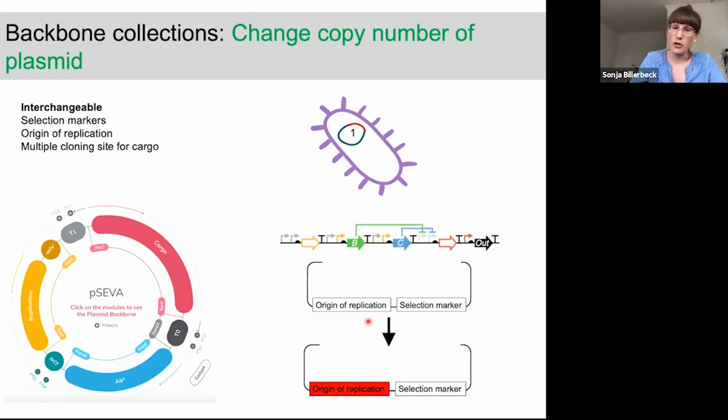It is also important to mention that the PCVA collection has different origins of replication which are compatible with each other. That is something you need to take into account when working with bacteria, that some of these origins can't be used together. This is also nicely explained in the resources on this PCVA website.